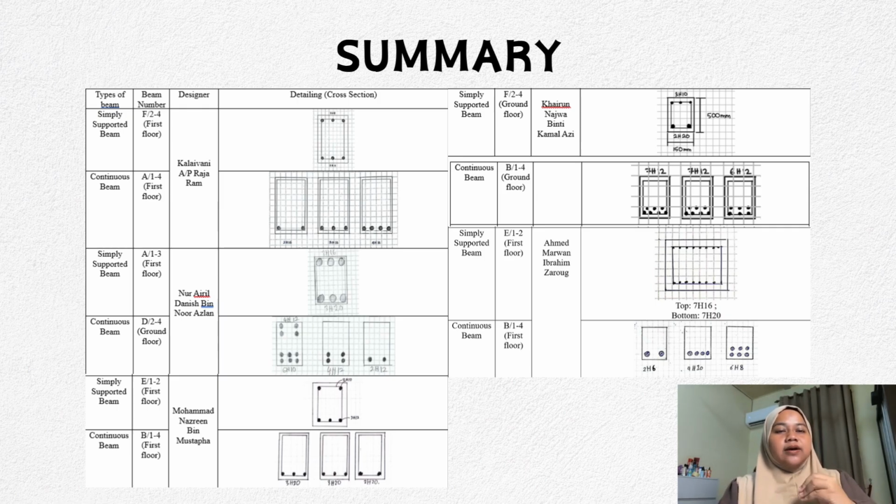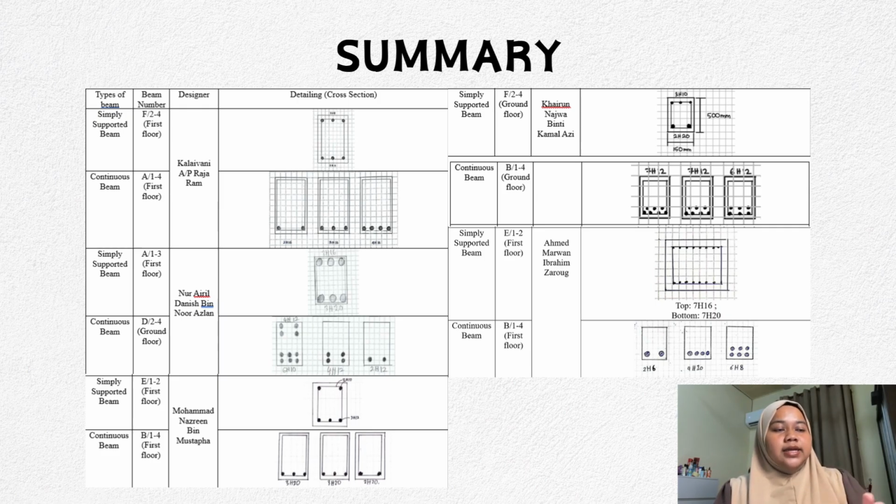Next, the last designer is Ahmed Marwan Ibrahim, for the simply supported beam. He designed E1 until 2, which is first floor. The top of the beam is 7H16 and the bottom is 7H20. And lastly, for the continuous beam, he designed B1 until 4, which is a first floor beam.